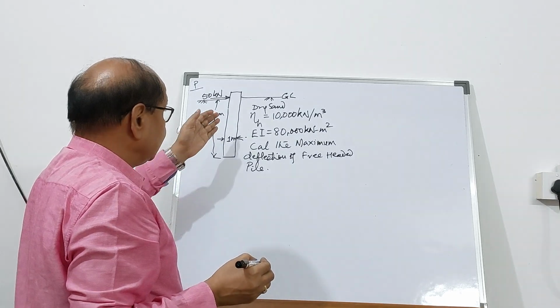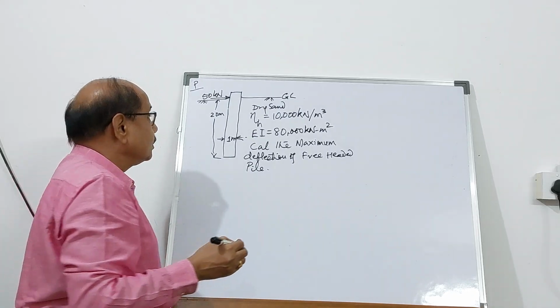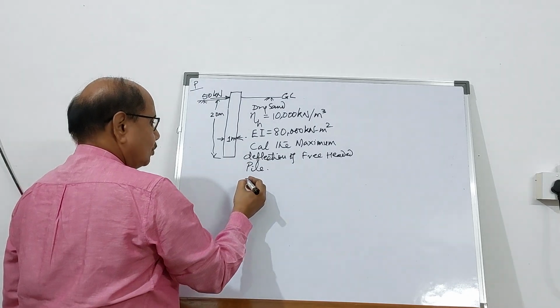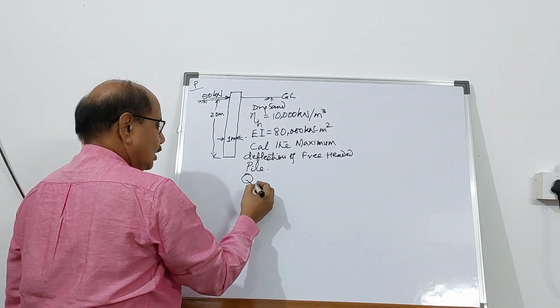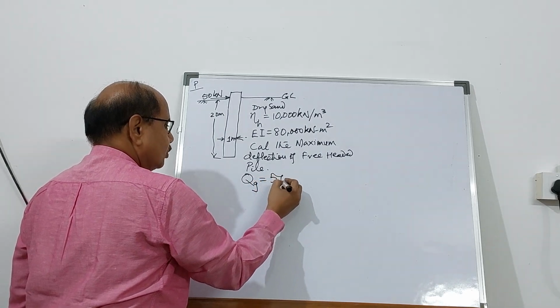As you know, it is a laterally loaded pipe, and the maximum deflection is under the horizontal force, which is given to you as Q at ground level, 50 kilonewton. This is given.